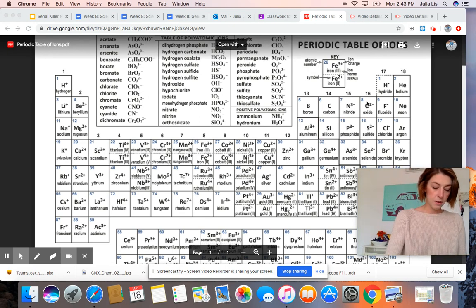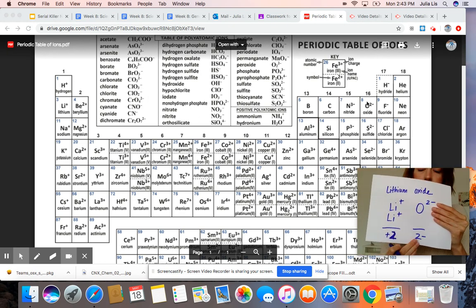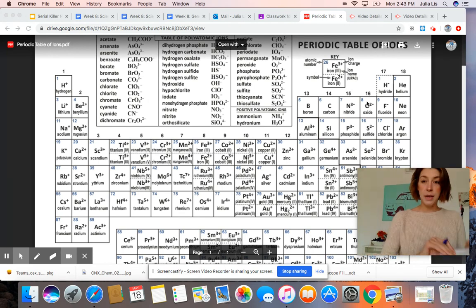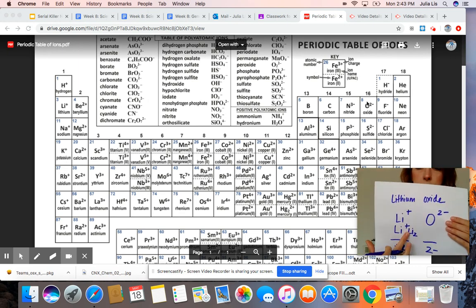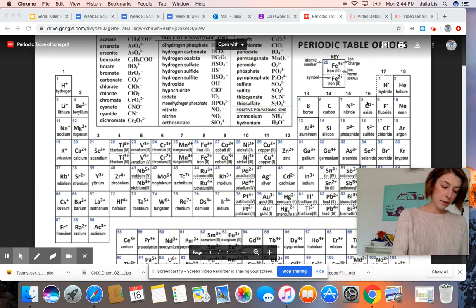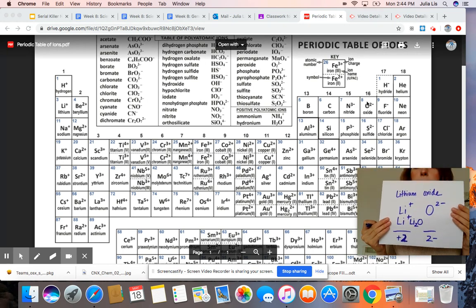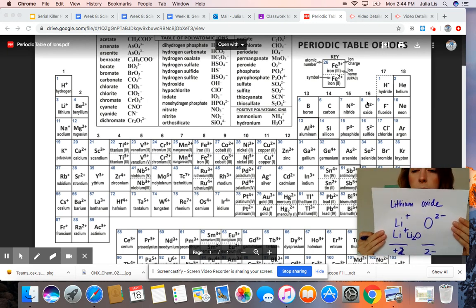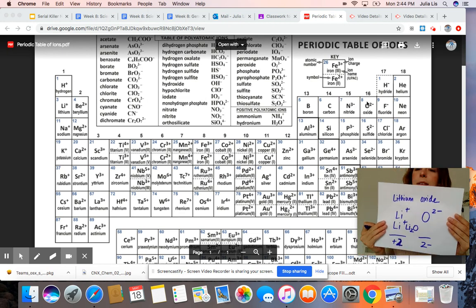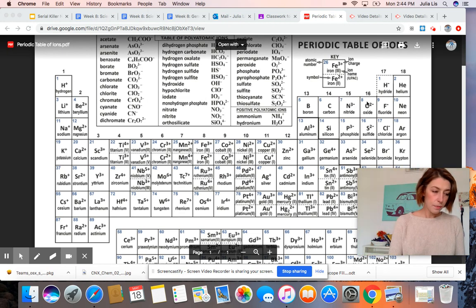Okay, so then 2 minus 2, 0. So now we just bring them together, and you're going to tell me that you have 2 lithium and only 1 oxygen. So it's Li2O. Good. Okay. So that's how we're writing the formulas.